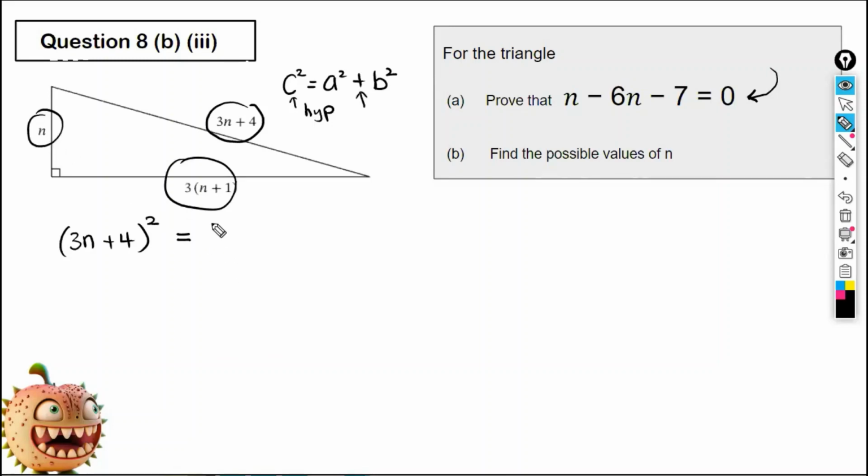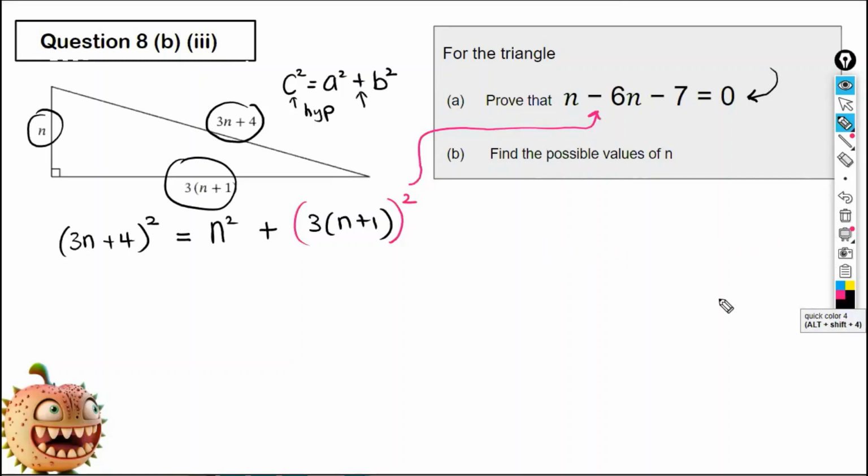So n squared is just n squared, plus 3n plus 1. That's this side, but you also have to do what with him? Square him. You have to try to simplify this, and I bet when you simplify this, you will get this expression.